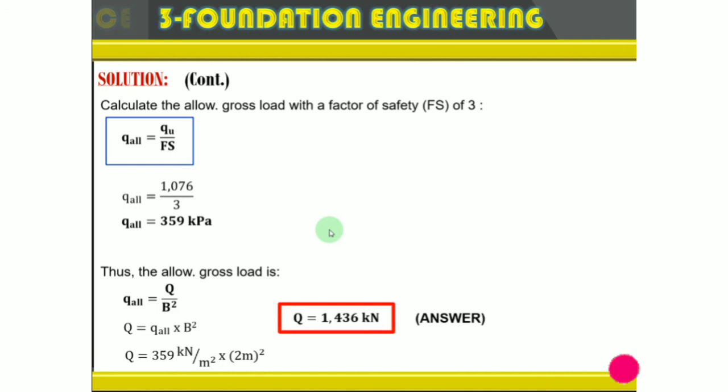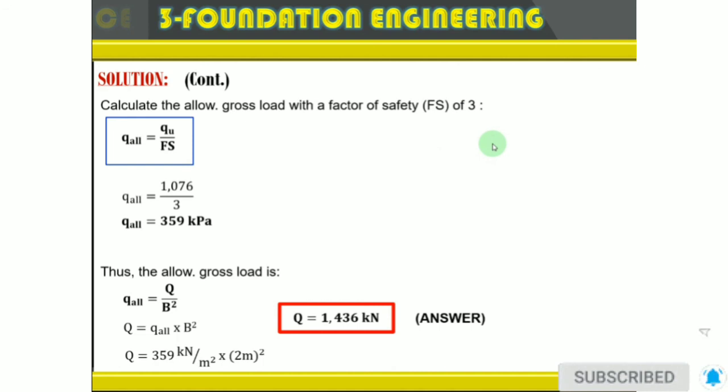Here I presented the formulas on how to get the bearing capacity factors Nq, Nc, and N unit weight. In some reference books, especially in problem solving during the board examination for civil engineering students, they actually give the values of Nq, Nc, and N unit weight.